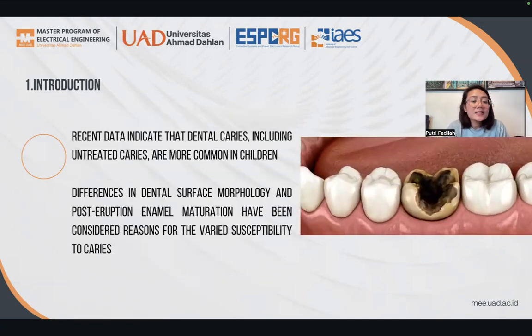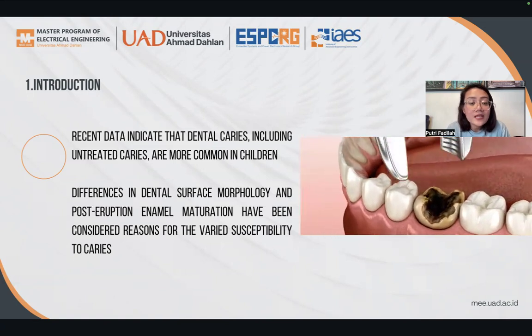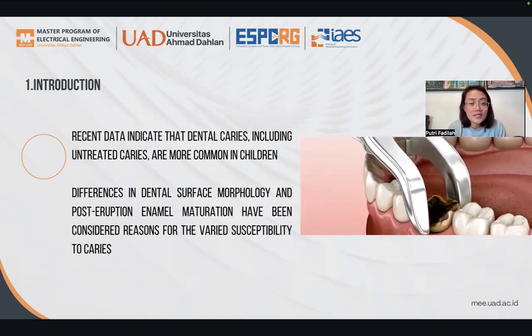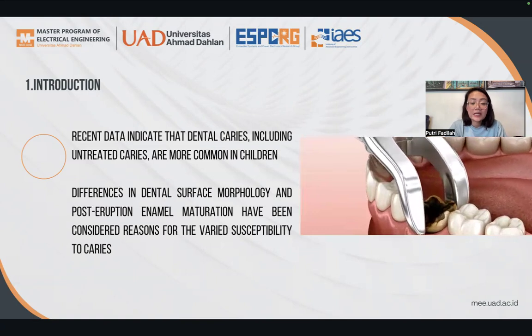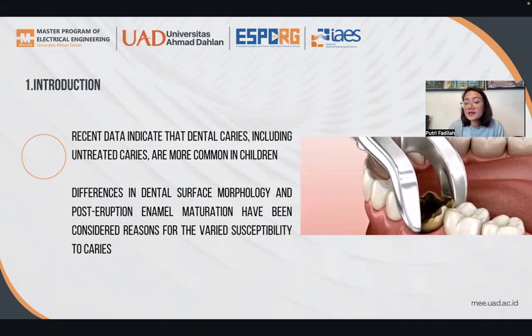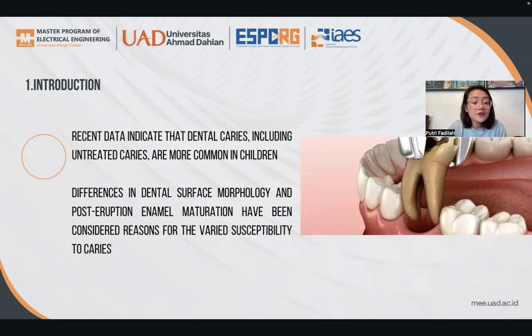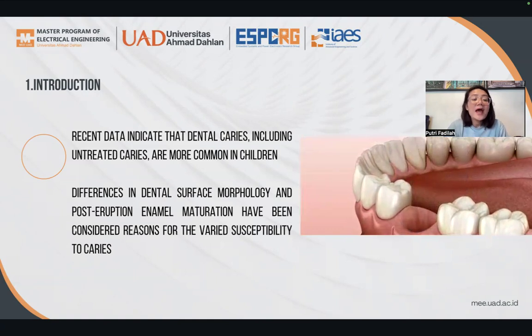Recent data indicate that dental caries, including untreated dental caries, are common in children, and the differences in dental morphology and enamel maturation have been considered reasons for the varied susceptibility to caries.